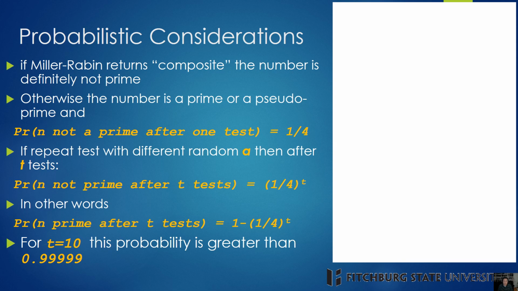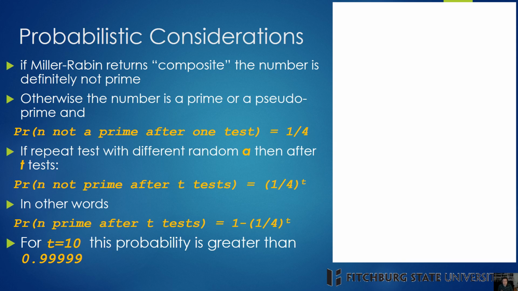If none of the conditions is true, then Miller-Rabin returns composite, which means n is not a prime. The other possible return value is maybe a prime.